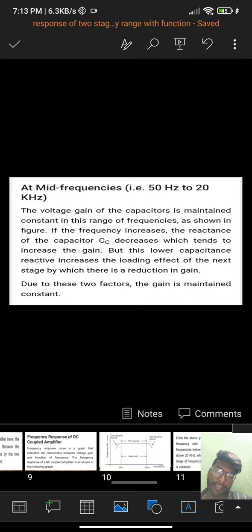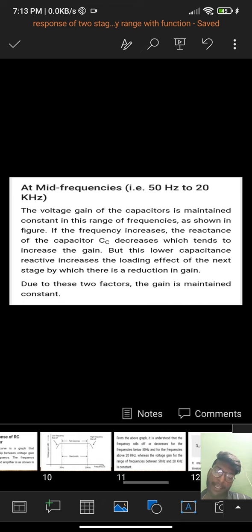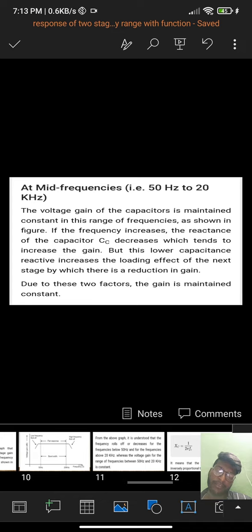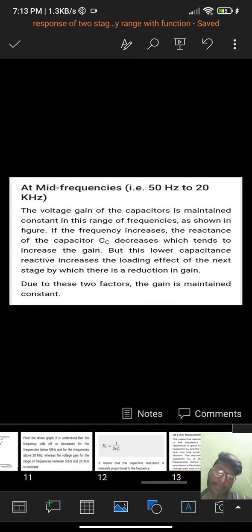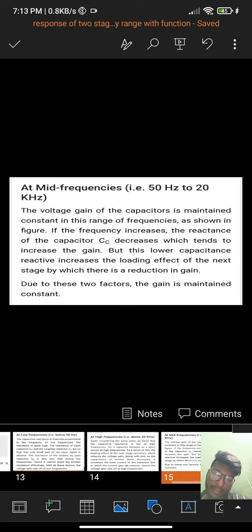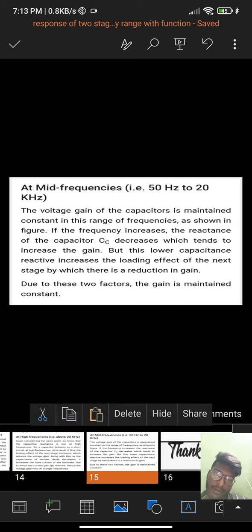At three different ranges of frequency, capacitive reactance is inversely proportional to frequency. When frequency is high, the capacitor is short circuited. When frequency is low, the voltage gain is reduced.